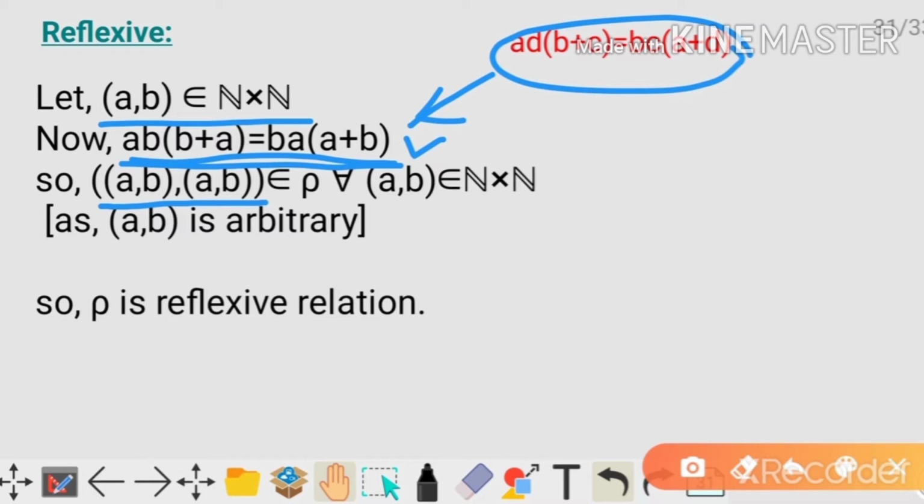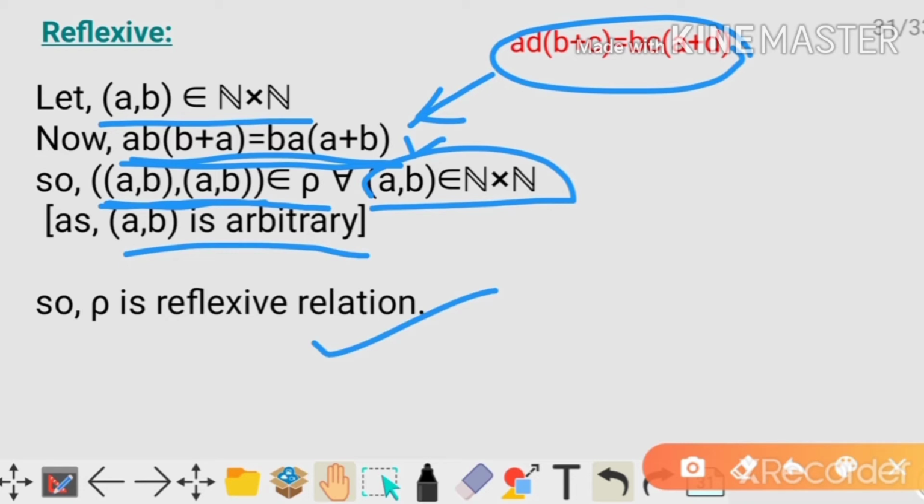Now, as (a, b) was an arbitrary element of N cross N, we can say the identical elements ((a, b), (a, b)) belong to rho for all (a, b) belonging to N cross N. As we have proved that the identical element belongs to rho for every element of N cross N, we can say that rho is a reflexive relation. So here it is proved.